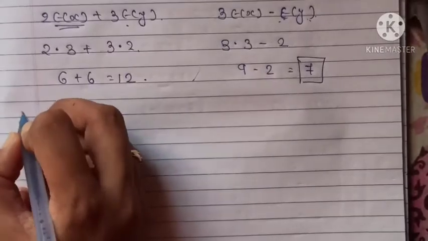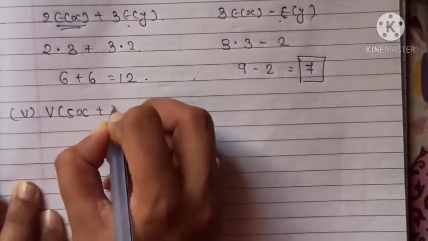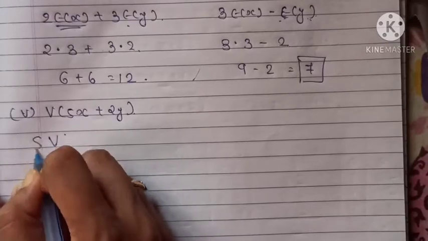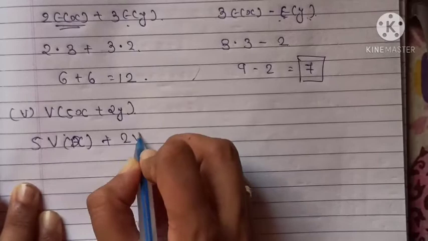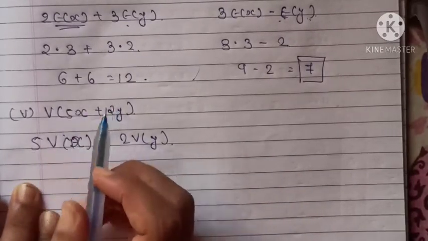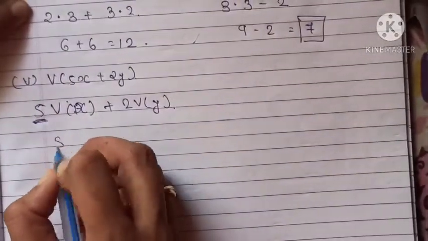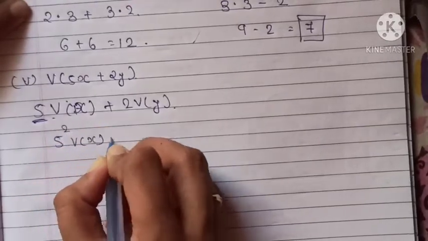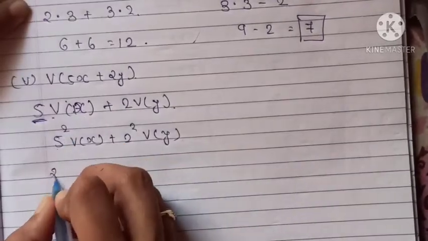Then the fifth value we have to find is V(5x+2y). So the variance of 5x plus 2 times the variance of y. Here we have the constants 5 and 2, and for variance we take their squares. So it will come 5 square V(x) plus 2 square V(y). 5 square is 25.